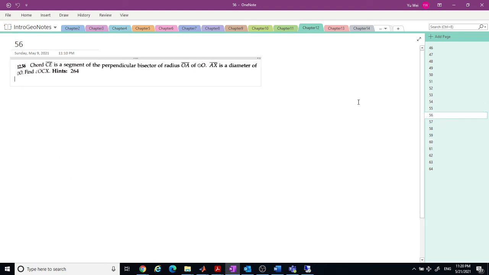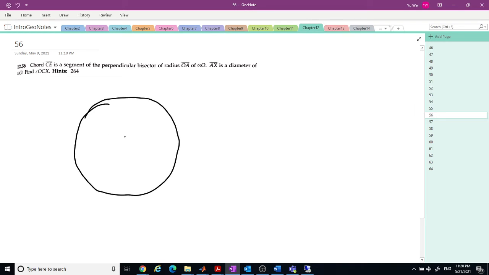Next, chord CE is a perpendicular bisector of radius OA.